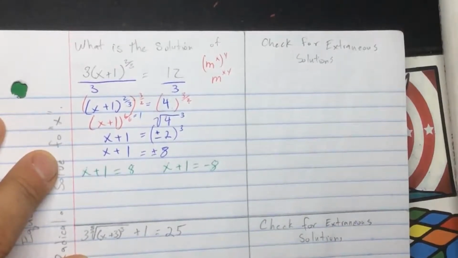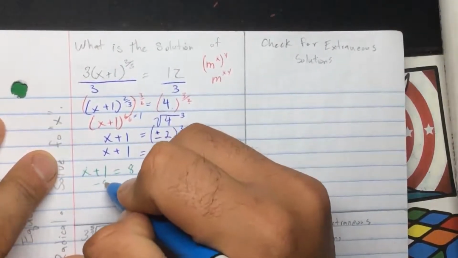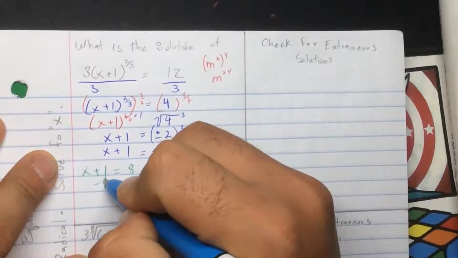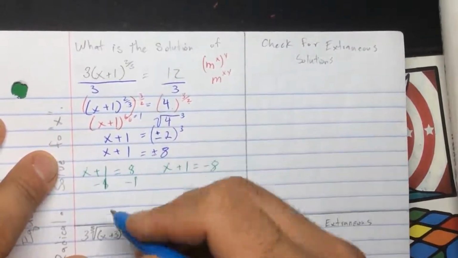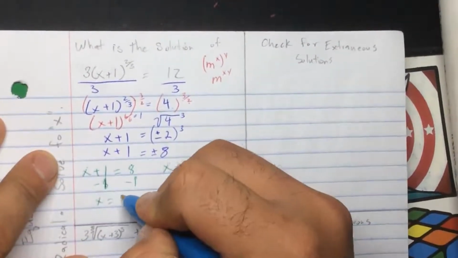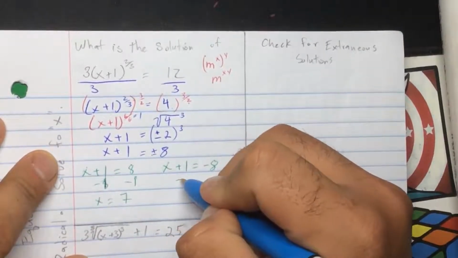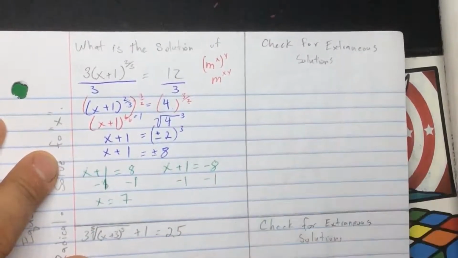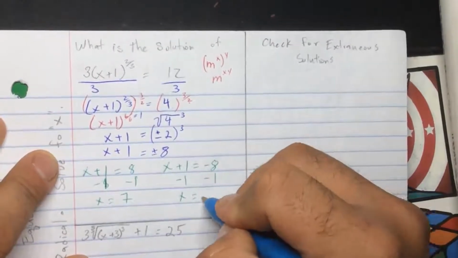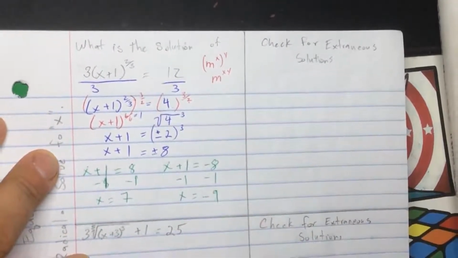Go ahead and solve for this side, minus 1 on both sides, and we get x is equal to 7. Then we minus 1 on both sides here as well, and we get x is equal to negative 9.